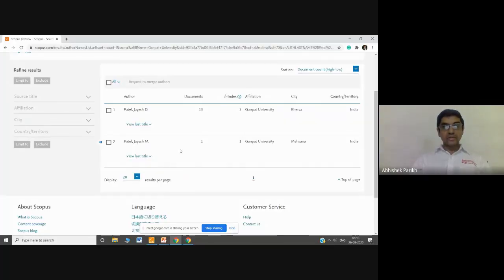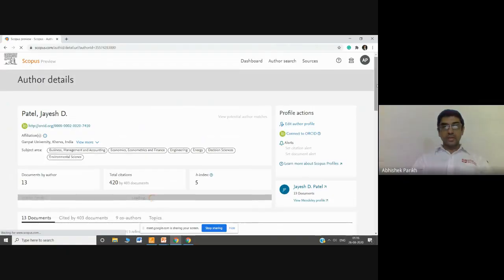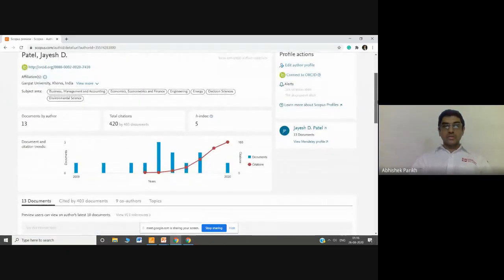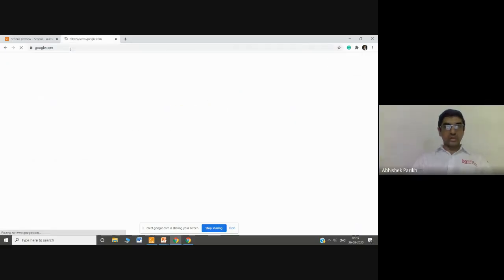Actually, we have five Jayesh Patel in our university. He's Patel JSD, having 13 Scopus listed publications as of date. And yes, you can see that you can also compare the H index. Let me go back to his profile.